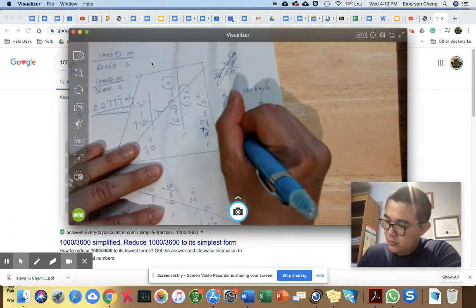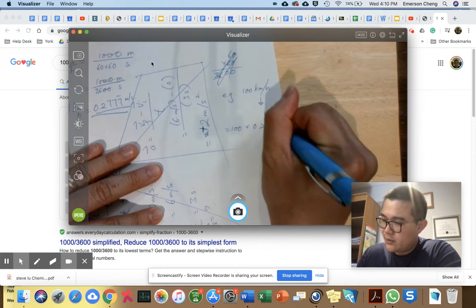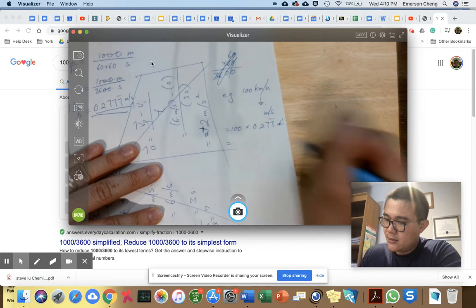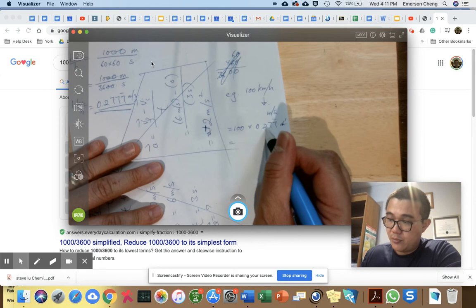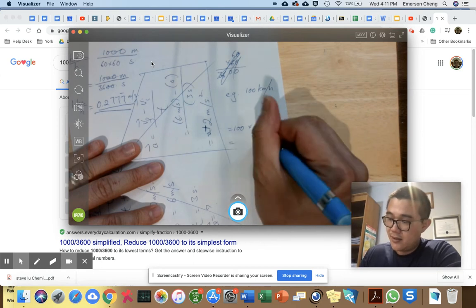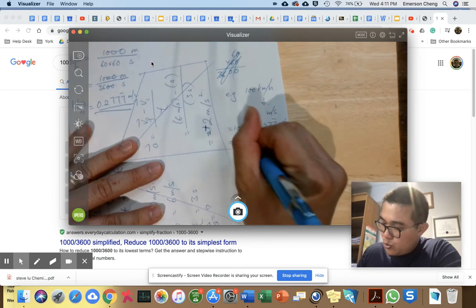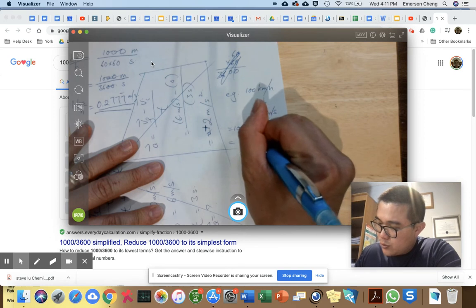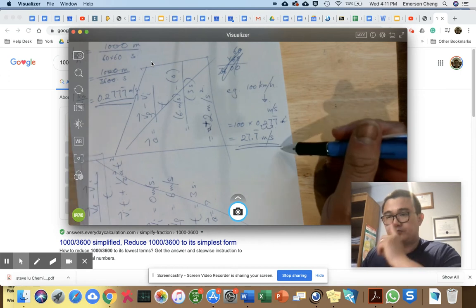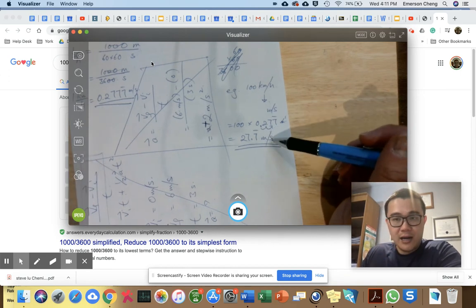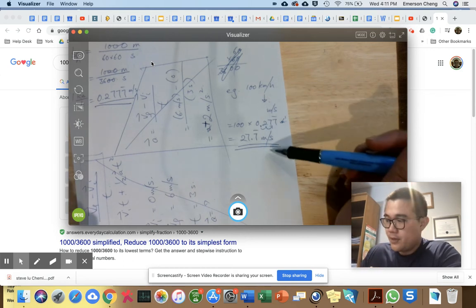You just need to do 100 times 0.277 repeated. And if it is times 100, you know that it's just really moving the decimal 2 places that way. Or you can plug it into a calculator if you want. 27.7 repeated meters per second. So that's how fast a car is going, from kilometers per hour to meters per second.